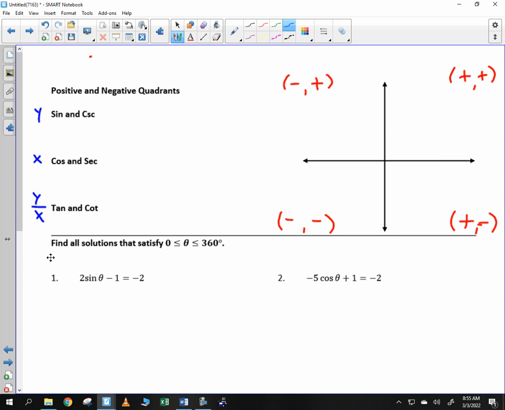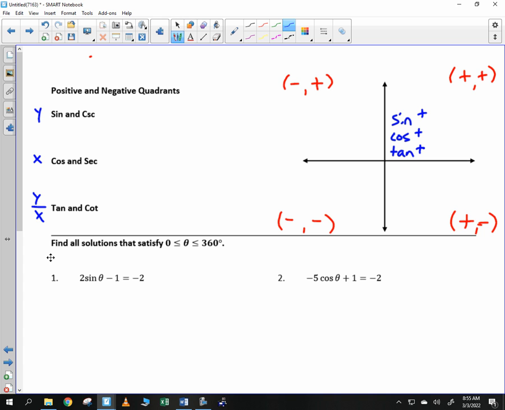So if sine is the y value, will sine be positive or negative in the first quadrant? It'll be positive. How about cosine? Positive. How about tangent? Positive. Let's move over to the second quadrant.